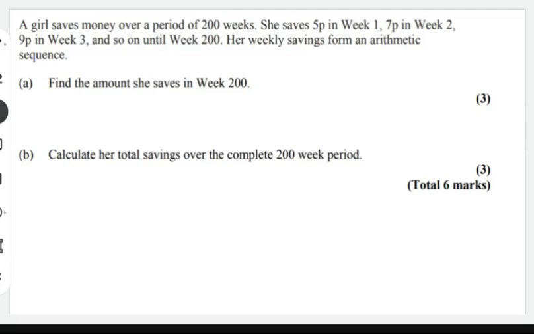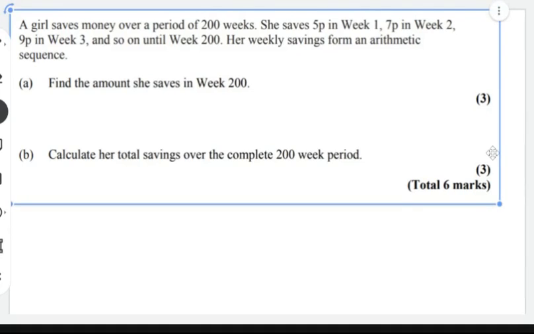So A is 5, D is 2, yep, and N is 200. So 5 plus 199 times 2. So that is 403 pence.